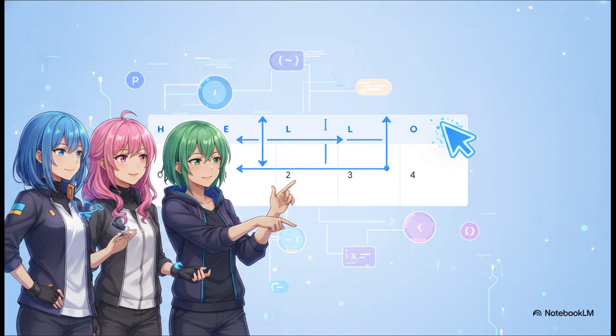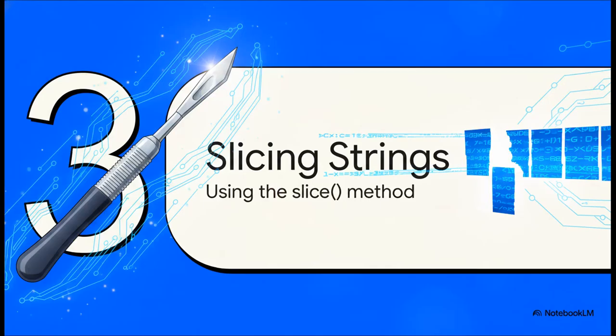The first character always starts at position 0. So H is 0, E is 1, L is 2, the second L is 3, and O is 4. This zero-based index is absolutely crucial. Whenever you want to pinpoint exactly where a method should act, you have to remember to start counting from 0, not 1.